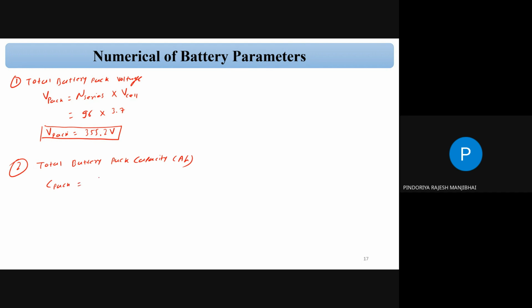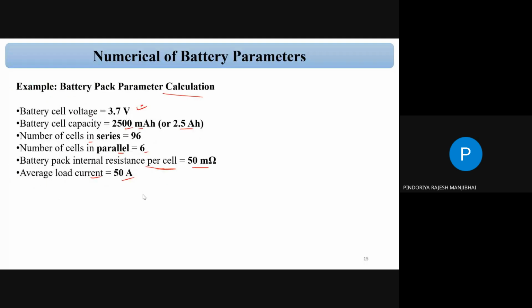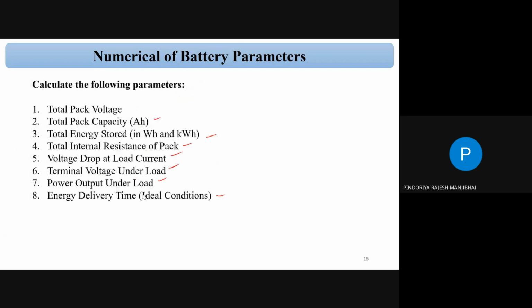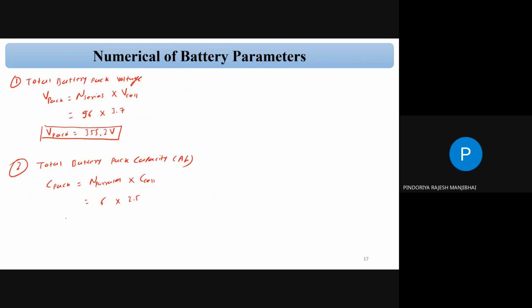It is n parallel into cell capacity. n parallel is 6 and cell capacity is 2.5, correct? So C peak is equal to 15 ampere hours.